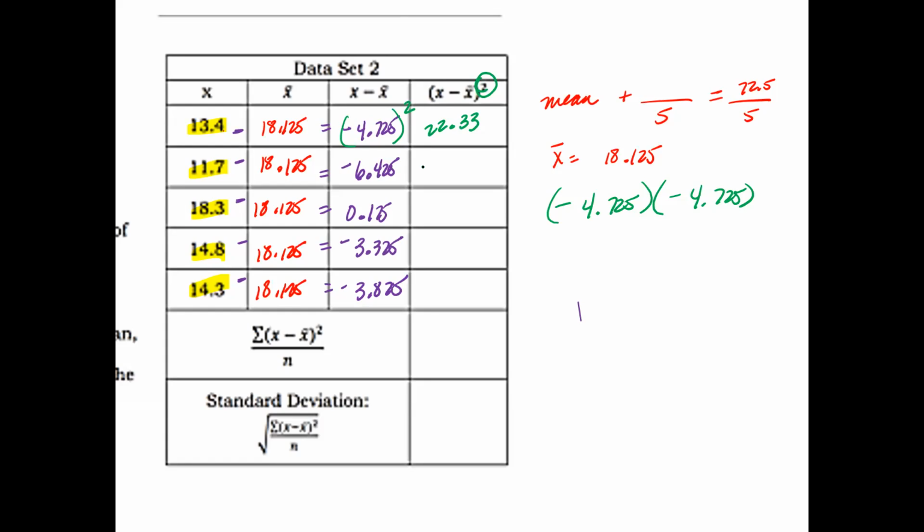Next one is going to give you 41.281. This one is going to give you 0.030625. After that, 14.631. Or sorry, 14.631. That's the next one.